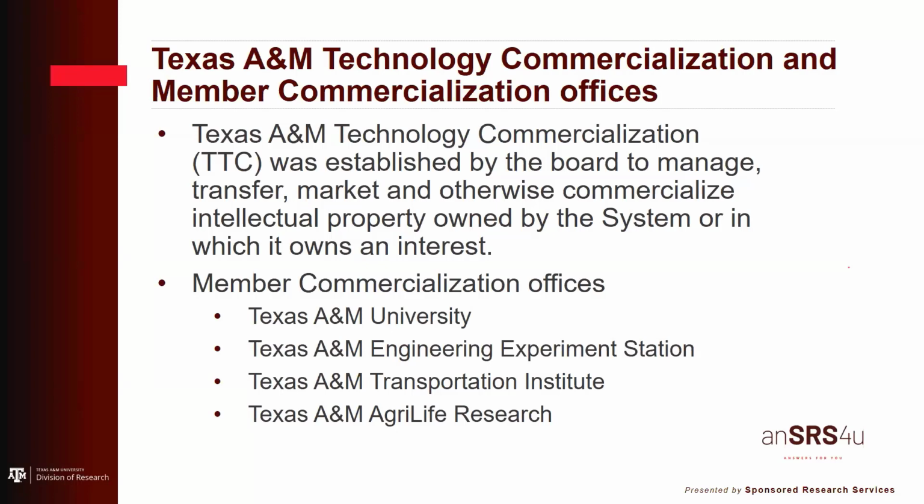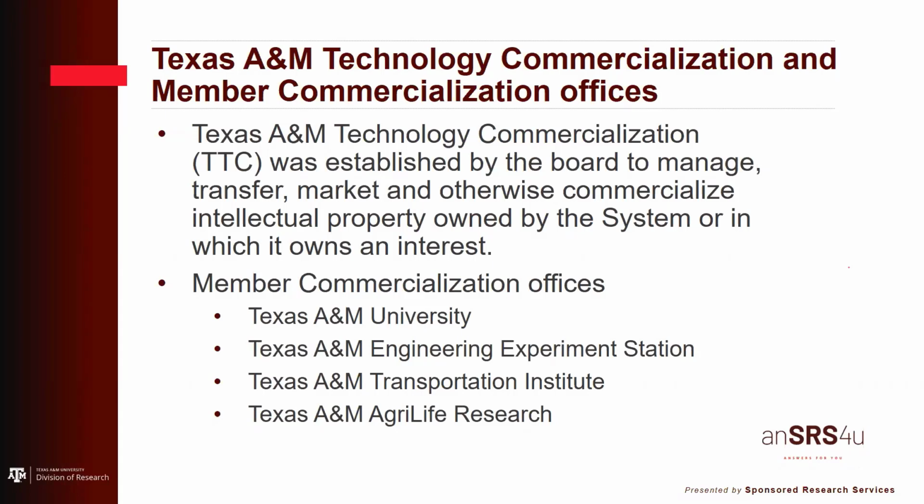And then we also have an office with the Transportation Institute. So this is primarily where, as I said, licensing staff are residing in these offices, but it's not like we're operating in isolation. We have constant communication back with the central TTC office, because disclosures are all still recorded in a central place in a database that is housed at the TTC. All the agreements that we do are recorded in the database that's held at the TTC office.